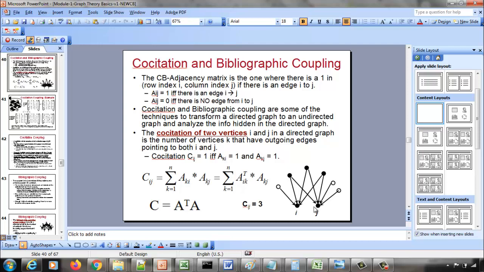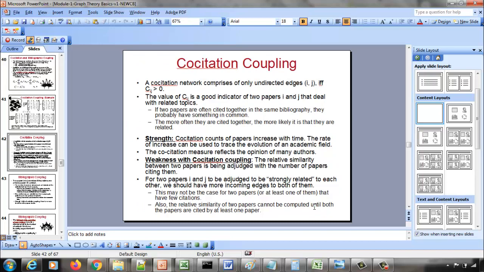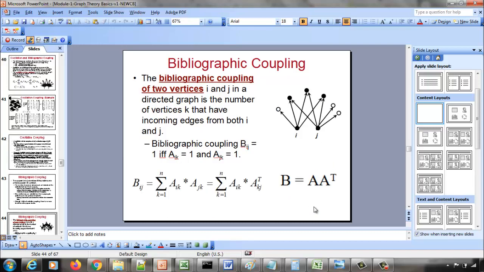As more papers get published in that area, they will be citing I and J together. So the similarity of two papers I and J cannot be assessed right away after they are published. It goes with time. So it's a dynamic measure that changes with time and cannot be calculated right after the publication of the two papers. Whereas bibliographic coupling is a static measure. It doesn't change with time, and it can be computed right after the publication. That's the major difference.